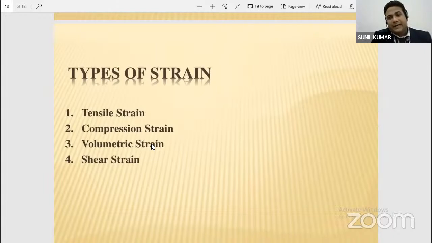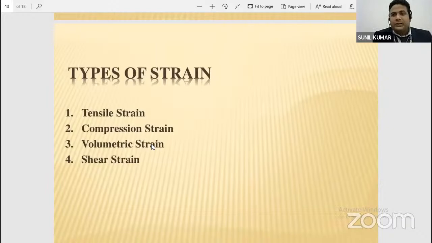Whether we consider a square, a rectangle, or any shape, when we apply any load, tensile or compressive, the net material is constant, only the shape changes.